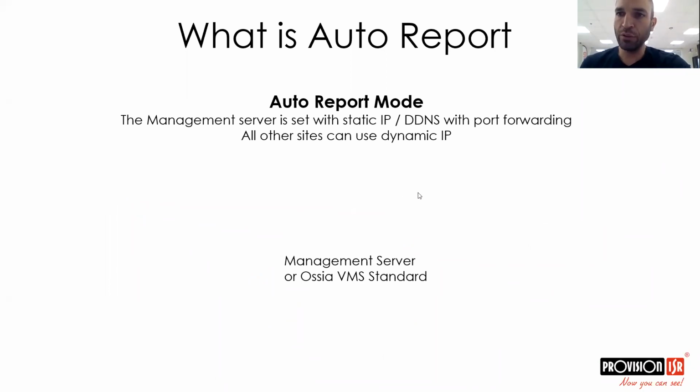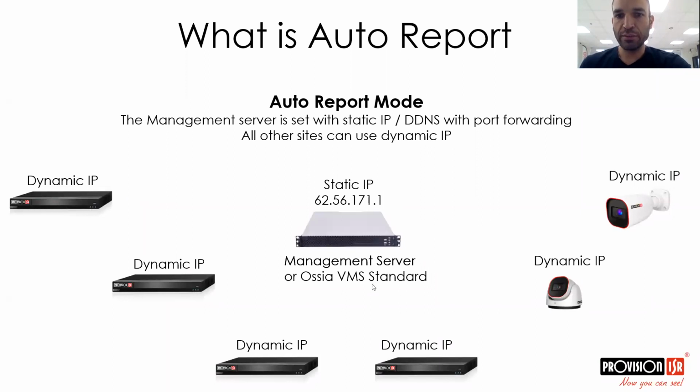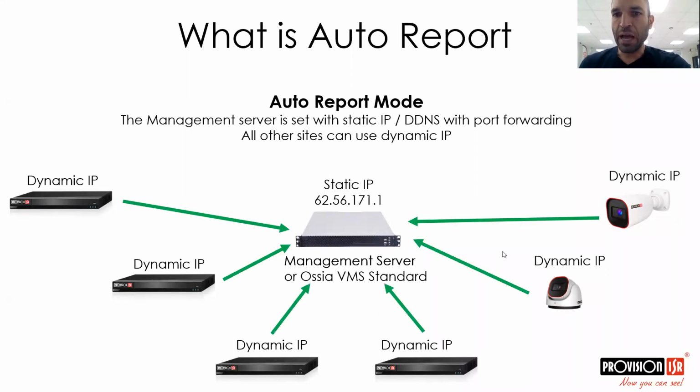And you can see all of the devices are now using dynamic IP. No need for a static IP, no need for DDNS, no need for port forwarding on the devices, nothing, okay? Only the VMS is using a static IP. And now all the devices are reporting to the management server. How does it work actually?